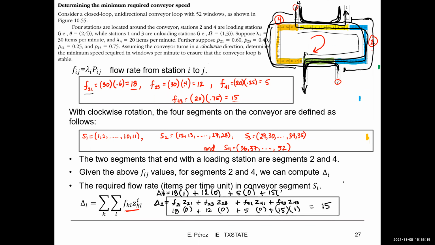So it's 15 times 0. So this is equal to 18. So delta 2 is 15, delta 4 is 18. For 1 and 3, we don't have to analyze that because those are unloading stations. They're not loading into the conveyor. So I found the values delta 2 and delta 4 using this information.